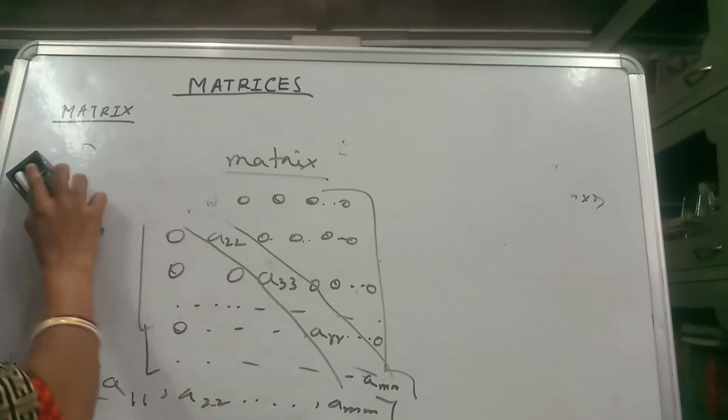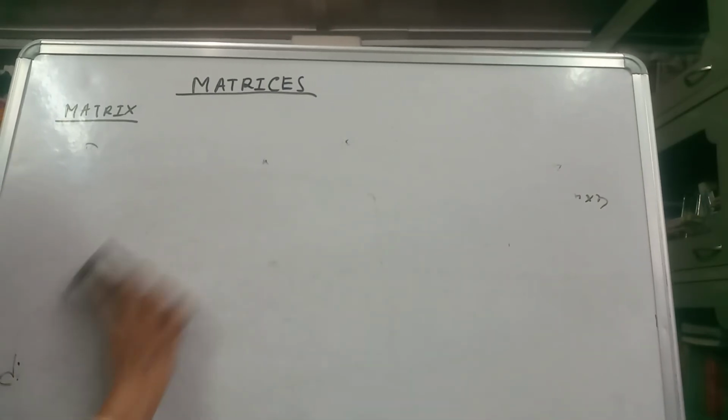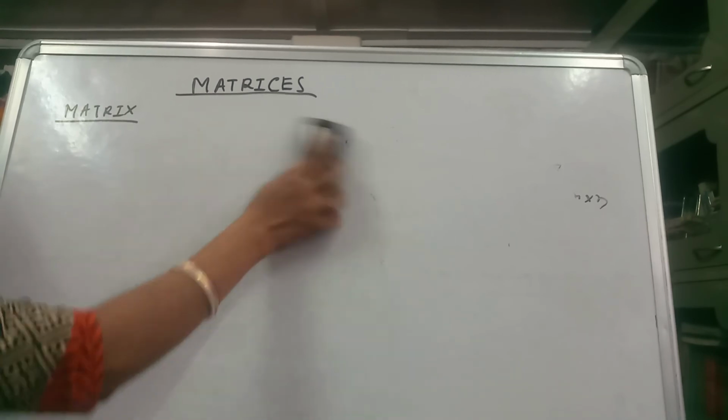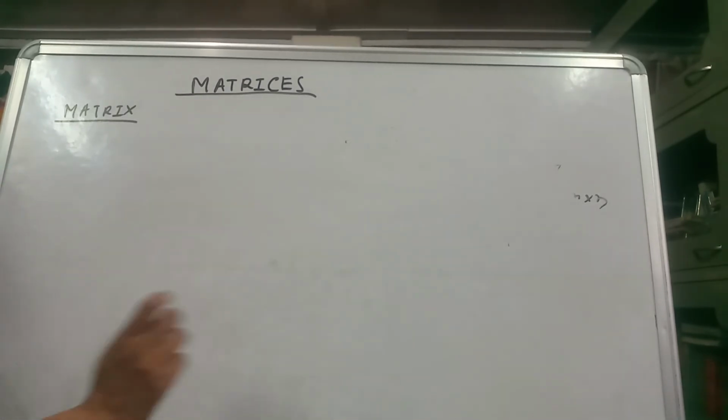Now what is a scalar matrix? Till now we have covered row matrix, column matrix, zero matrix, diagonal matrix and square matrix. Now the scalar matrix. A square matrix [aij] m cross m is said to be scalar if aij equal to 0 for i not equal to j, and a constant k for i equal to j.